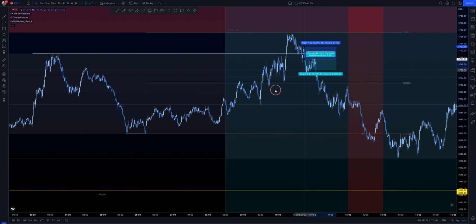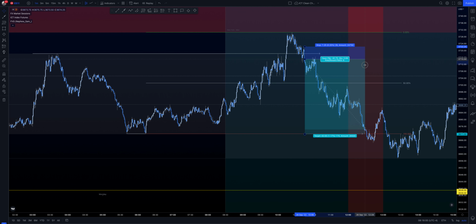So that would have been your first target, 2.2%. That would have been target number 2 for 3.6%, and then the long-term full target would have been just below there. You could have probably just eked out a 6% reward.